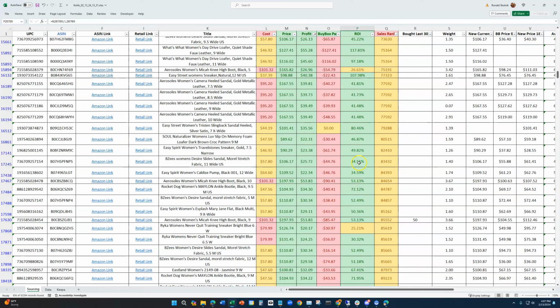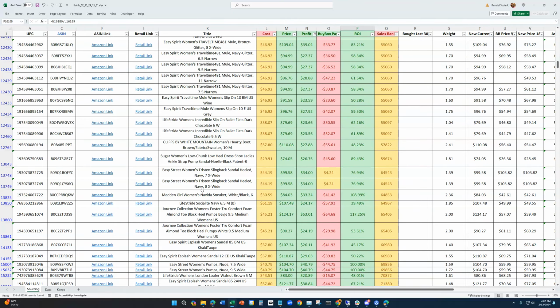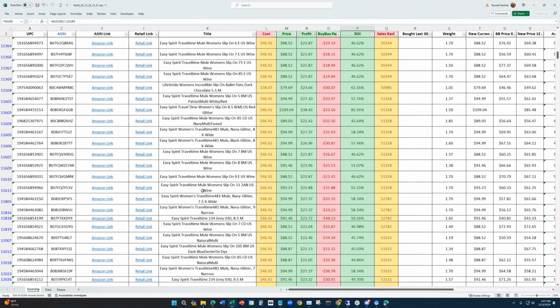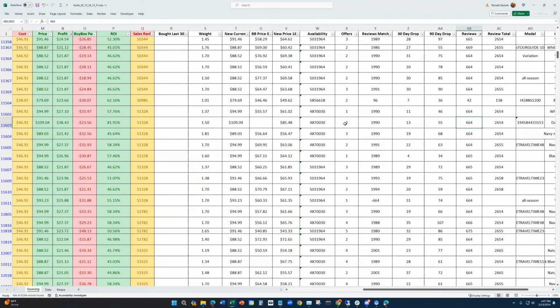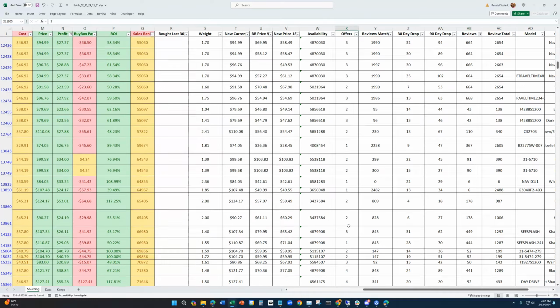I could filter by ROI, so maybe I only want to see the ones greater than 50%, that type of thing. But a lot of these aren't the popular ones where you're going to see a lot of competition from other sellers like Nike, where you have 30 offers, things like that. You can look at the offers column over here and just see you're not seeing a ton of competition on these.